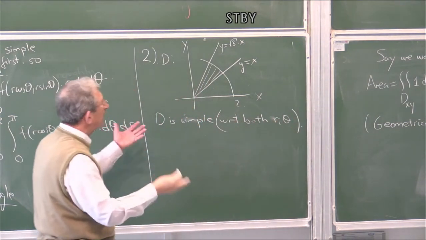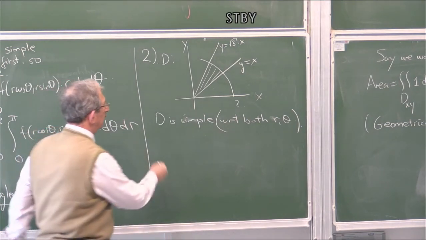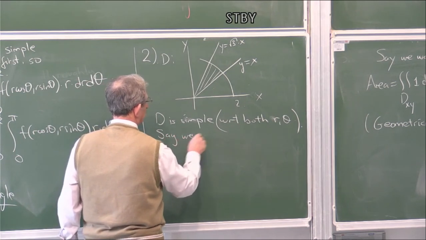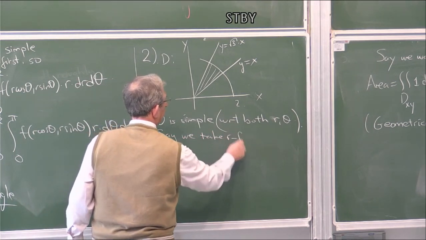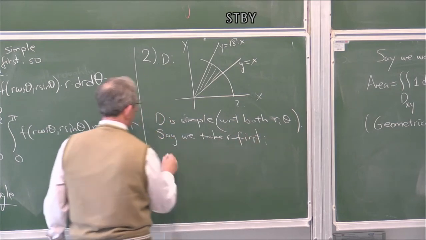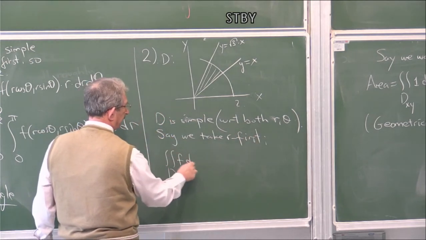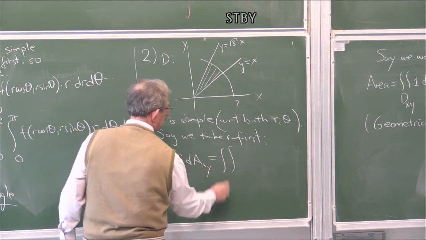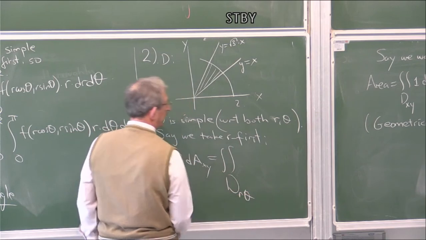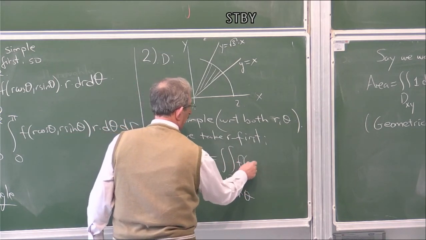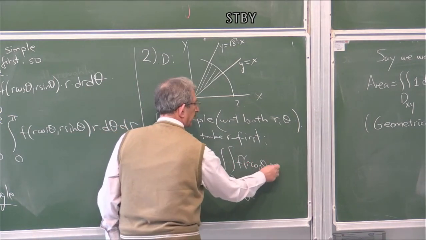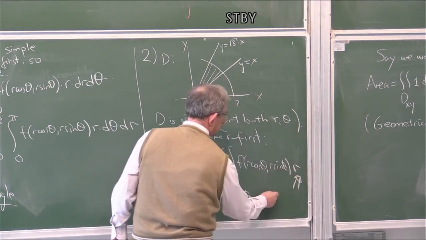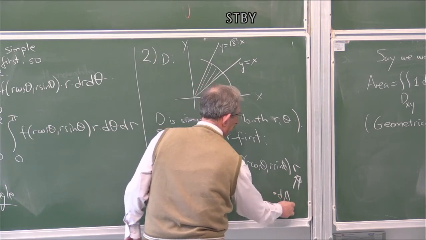Let us just express it once, namely, let us write r first. Then the integral over D of f dA, all in the xy system, would be in the rθ system, f(r cos θ, r sin θ) times r dA in rθ.